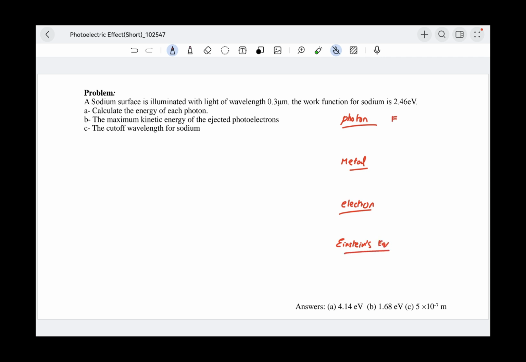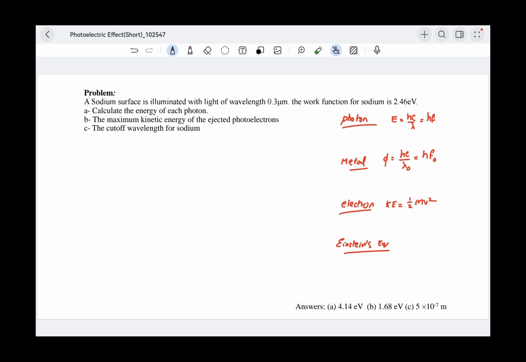Photon: the energy of the photon is equal to hc by lambda or hf. Metal: the work function of the metal, phi, equals hc by lambda naught, where lambda naught is the cutoff wavelength, or hf naught, where f naught is the cutoff frequency. For the electron, the kinetic energy is equal to half mv square.